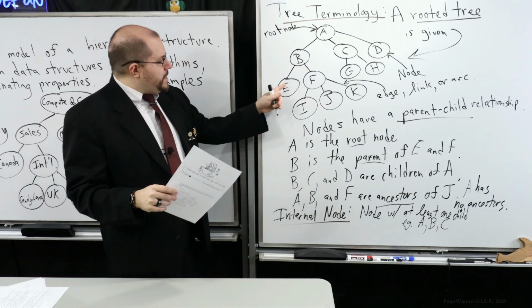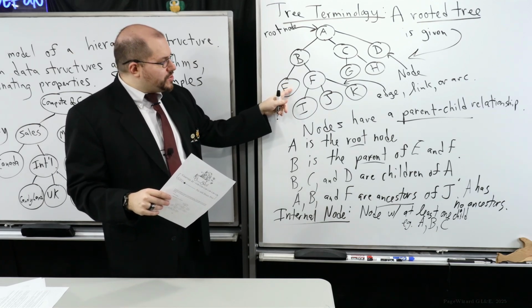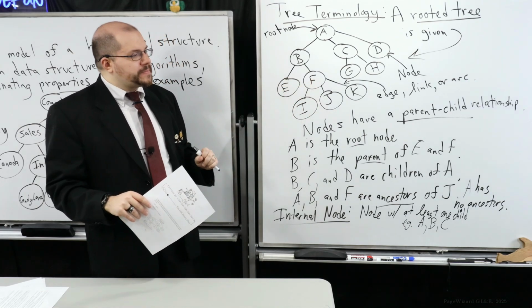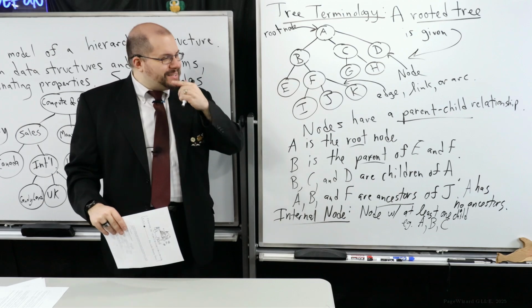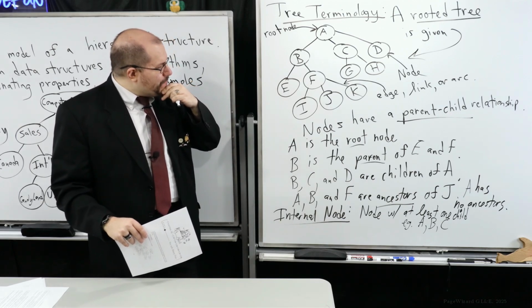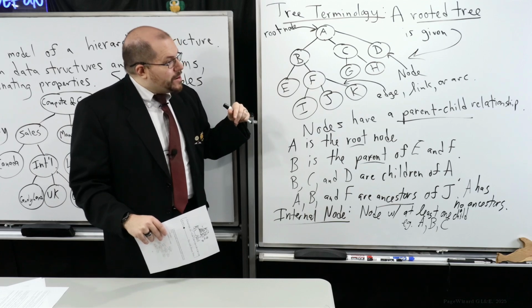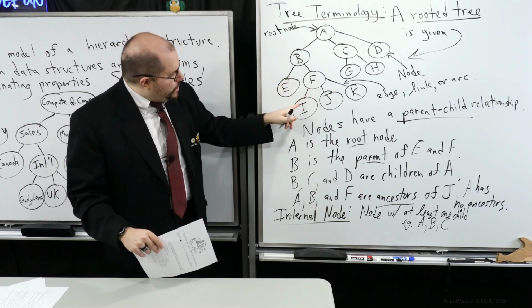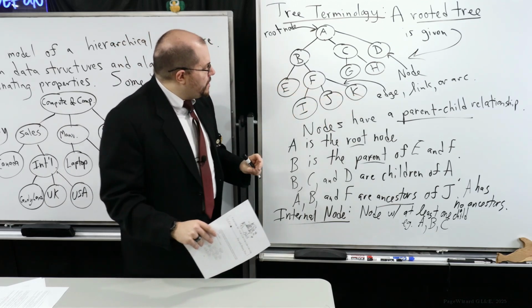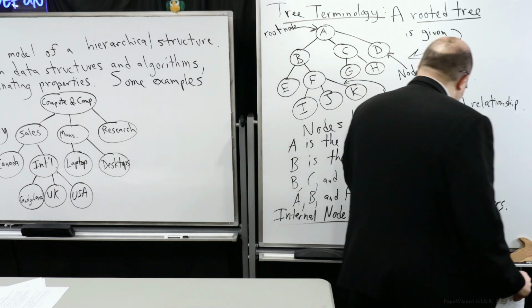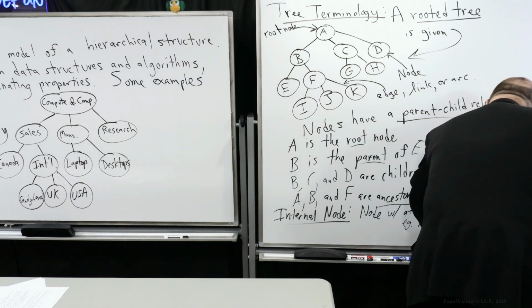But how about E? E has no children, right? So most certainly it is not internal. How about F? Let's think about it. It certainly has ancestors, but it has descendants, implying that there is at least one child. So in fact it has 3. So most certainly F is an internal node.